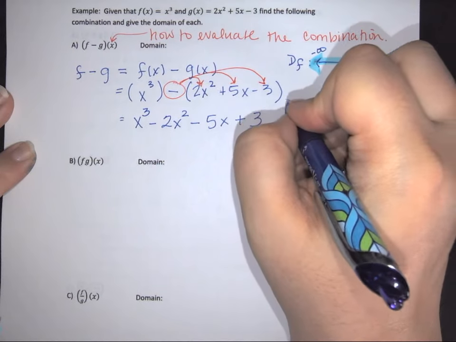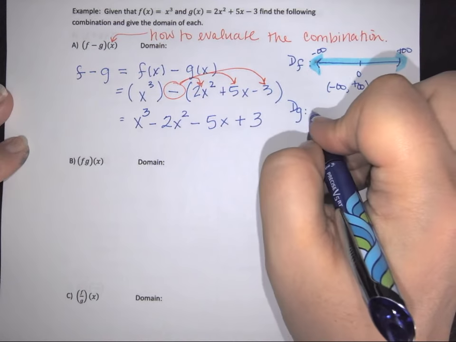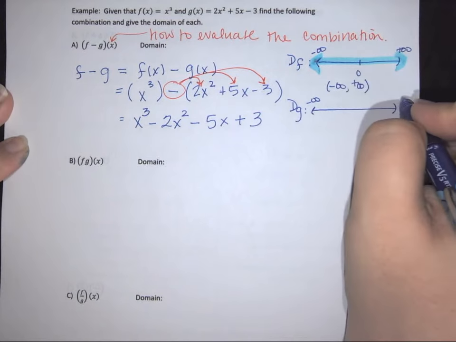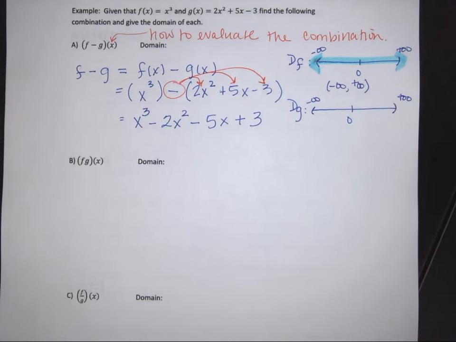Now if we look at the domain for g, again we have that same number line from the negative to the positive. Notice I'm lining them up on top of each other because I want to be able to compare my two number lines and make sure that I don't have any issues. So here I have 2x squared plus 5x minus 3.